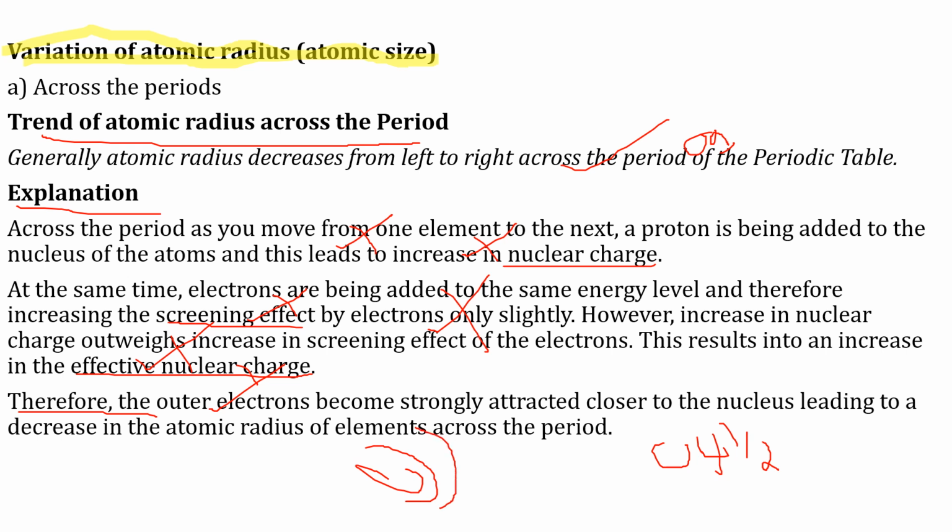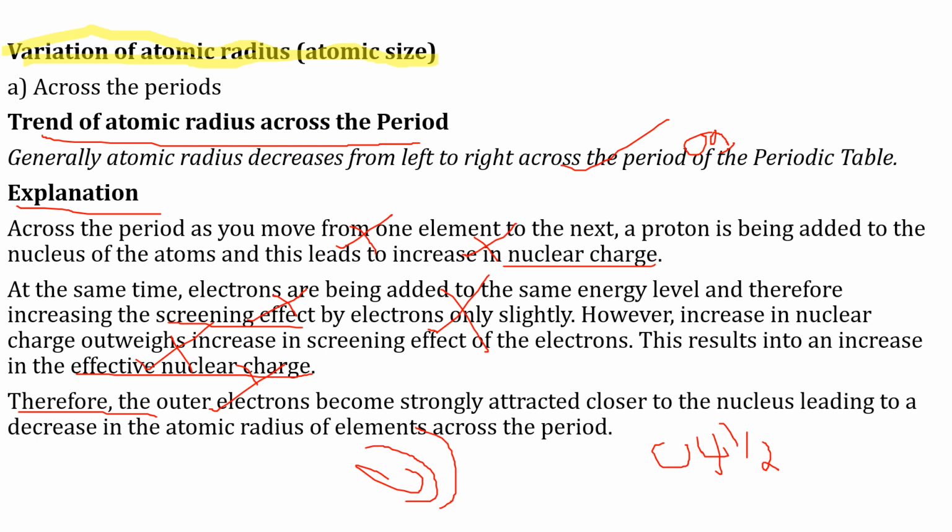Let me hope you got that clear. And then we say that, however, increasing nuclear charge outweighs increasing screening effect of the electrons. Like I told you earlier, after explaining nuclear charge and screening effect, you have to state the effect, which one won the other. The one which won the battle will have the effect.